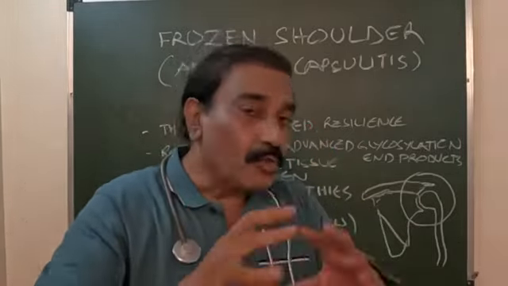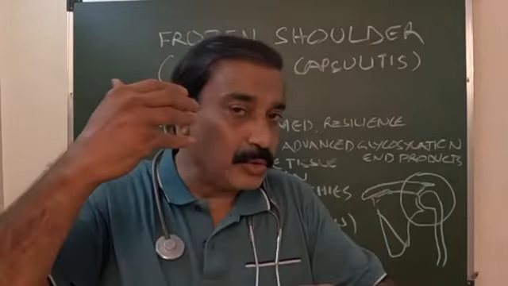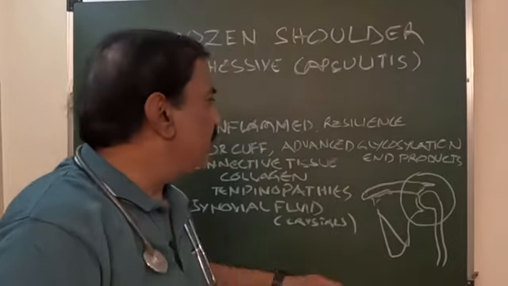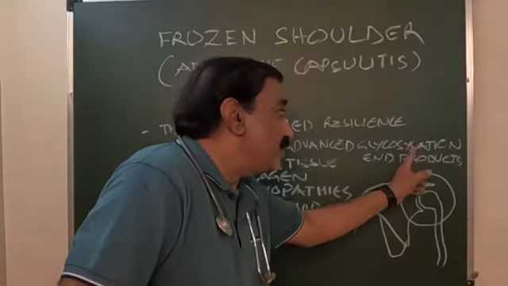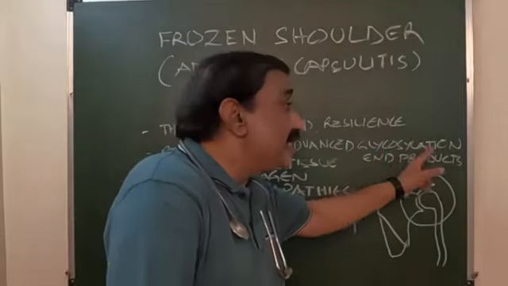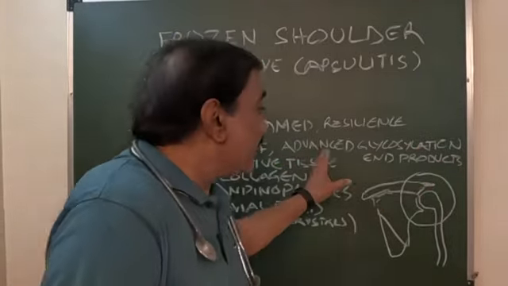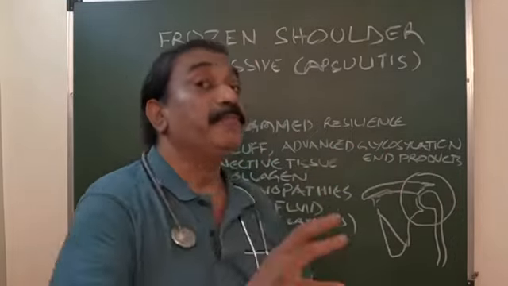It looks rough. So what happens is when your sugar levels go up, when your thyroid levels go up, there is something called advanced glycosylation end products, AGEP.